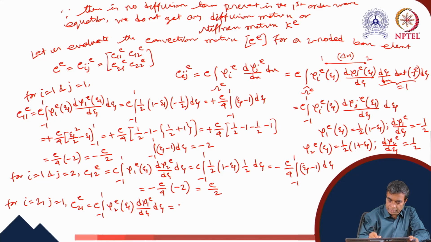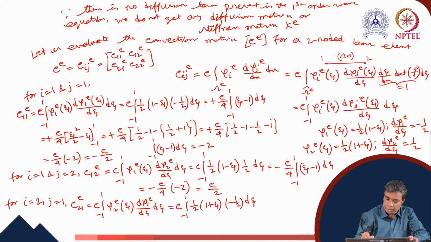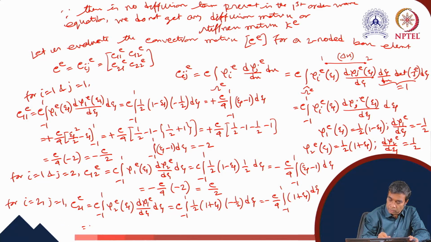So this is C integration from minus 1 to 1 of psi 2E of xi, which is half of 1 plus xi, times minus half d xi. This gives us minus C by 4 integration from minus 1 to 1 of 1 plus xi d xi.